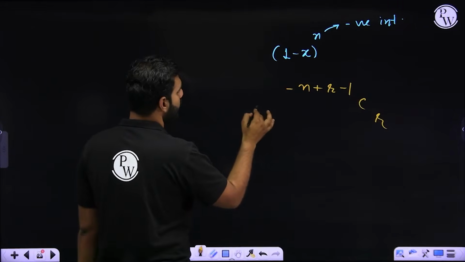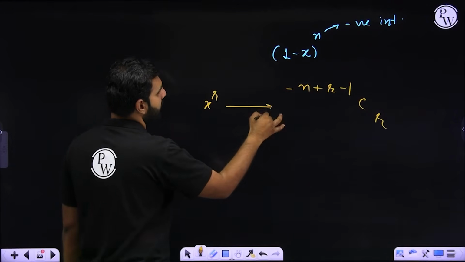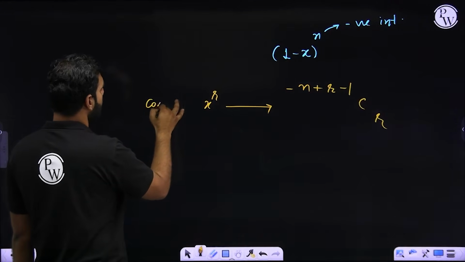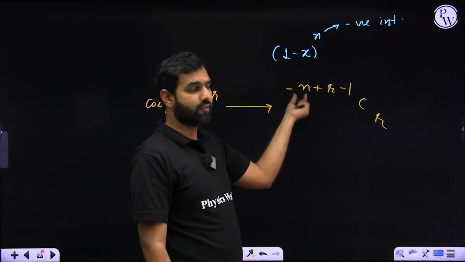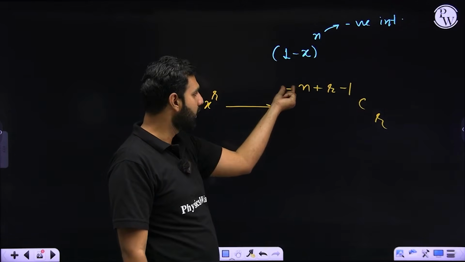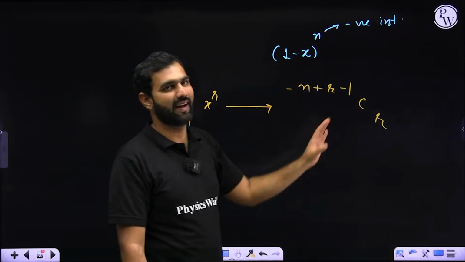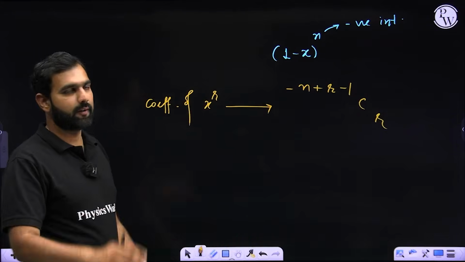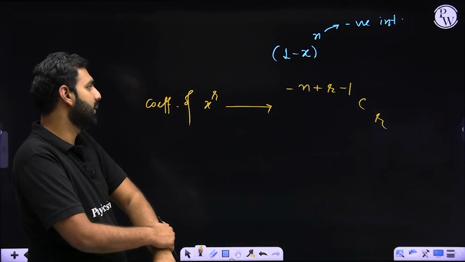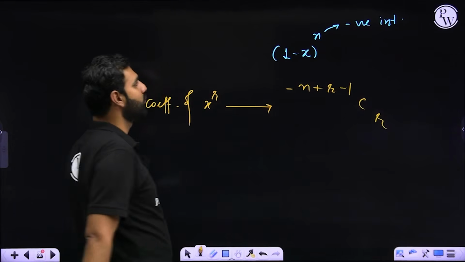This is going to be the coefficient of x to the power r. So I repeat, if I am looking at the coefficient of x to the power r, it will be minus n; of course, let's say this is minus 4, then I'll write 4 plus r, whatever the power of x I'm looking for, minus 1 C r. That will be the coefficient, and it all depends. And the sign also keeps on varying alternately plus minus, so that sign can also be brought into picture with the value of r here. I hope you are getting it very clearly. No confusion on that front.